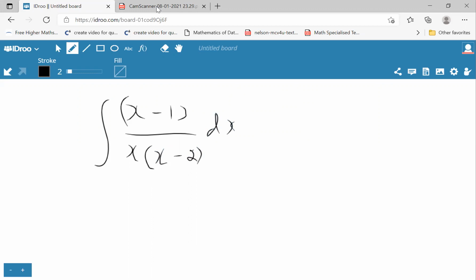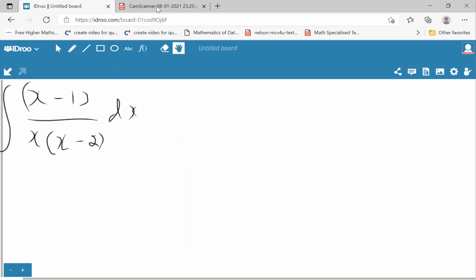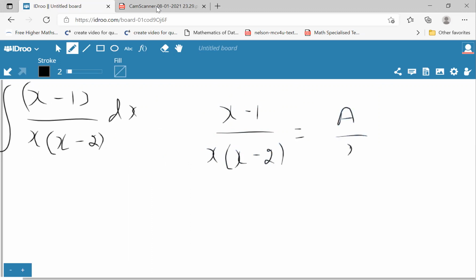Now, this can be solved by the method of partial fractions. We can write x minus 1 by x into x minus 2 as a by x plus b by x minus 2.